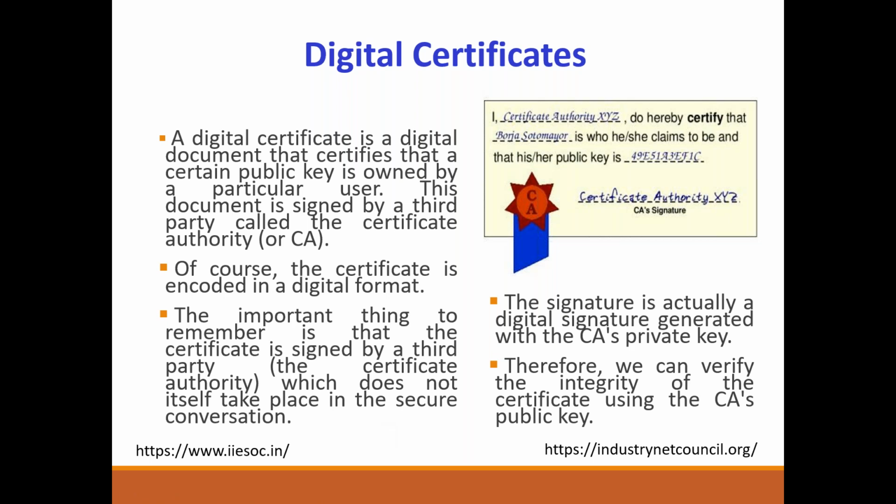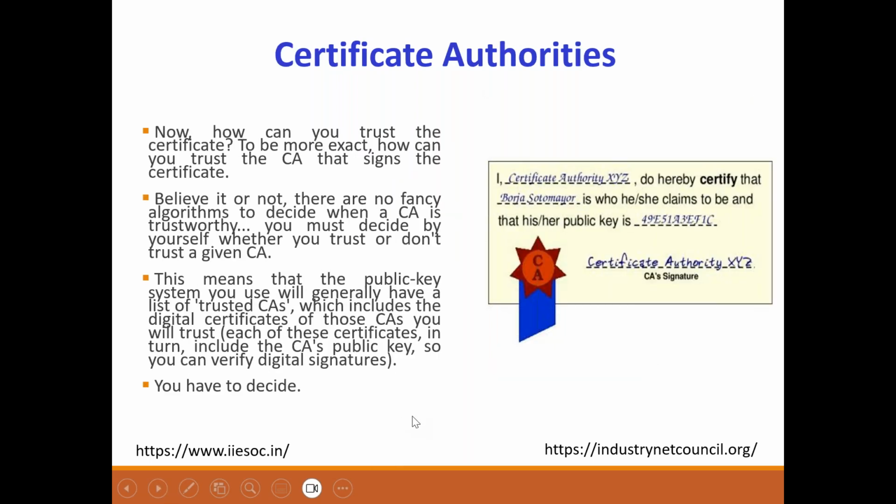So the big thing about the certificate is that it is signed by someone else, and that someone else is called a certificate authority. The signature for that digital certificate is generated by the CA's private key, which we can validate using the CA's public key.